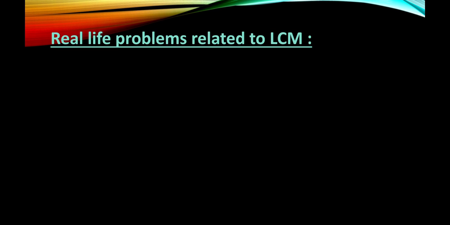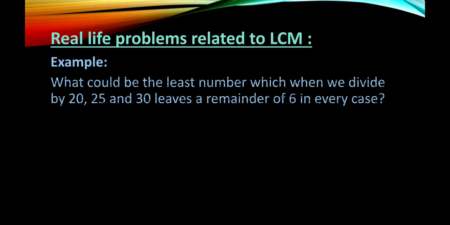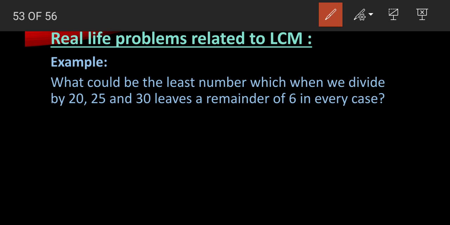Next come to a real life problem related to LCM. Here we will discuss a question related to a real life problem in which you use the LCM. So the example is, what could be the least number which when divided by 20, 25 and 30 leaves the remainder 6 in each case. We have to select such a number which is divisible by all these three numbers and leaves a remainder of 6 also.